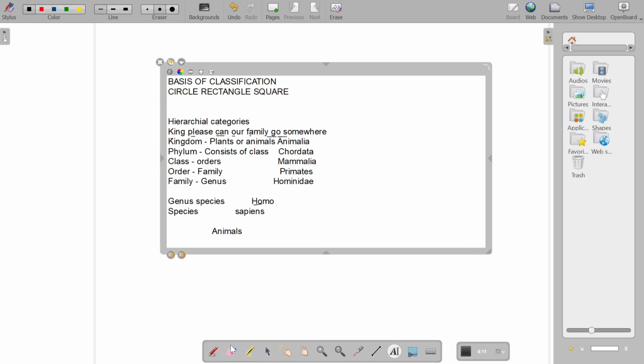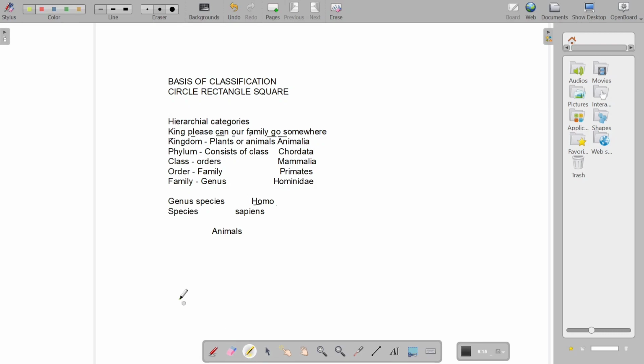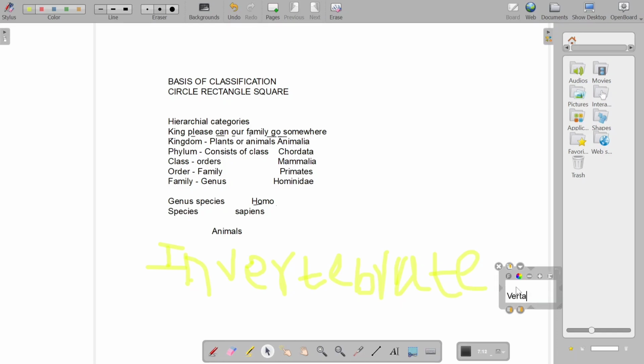One is the lower animals, which come under the category of invertebrates, and the other category is vertebrates.